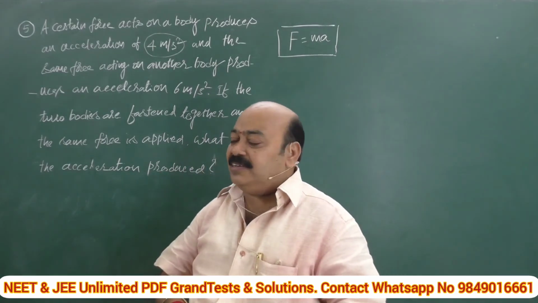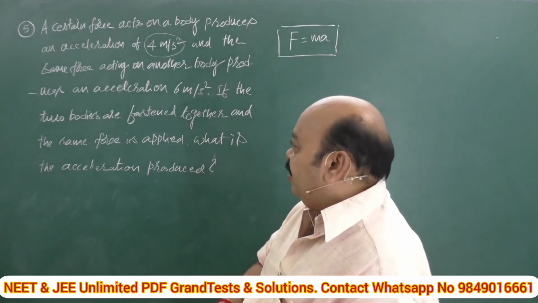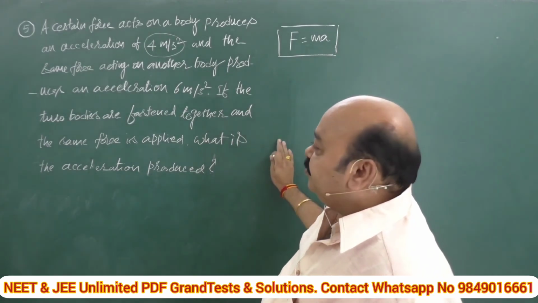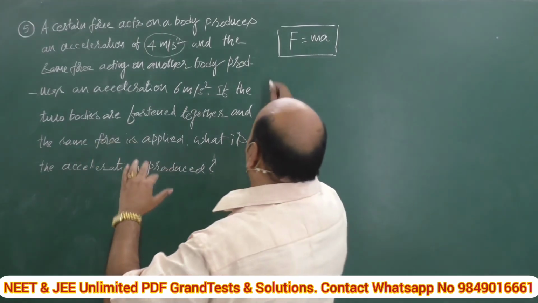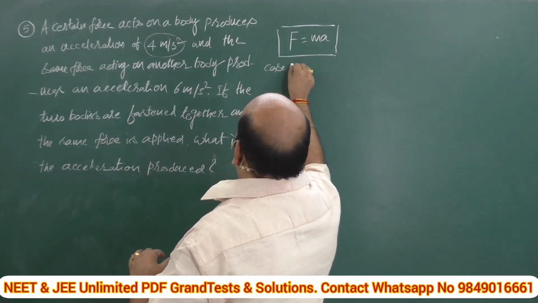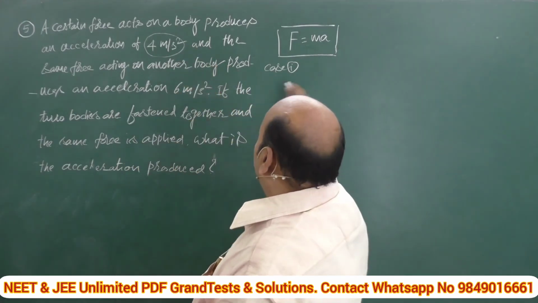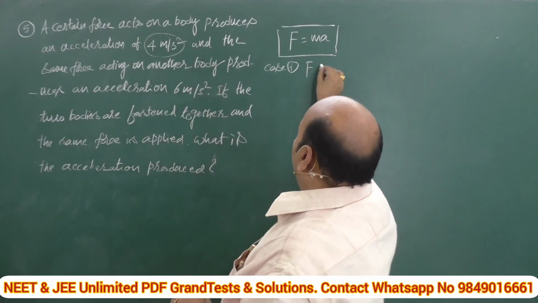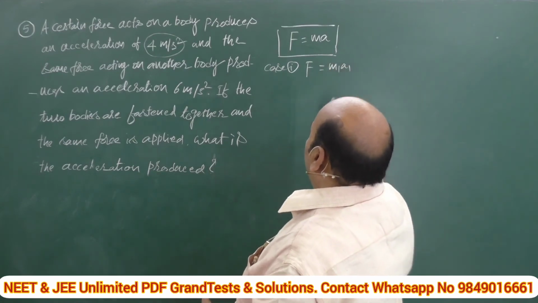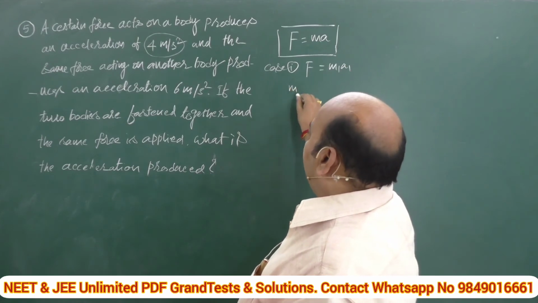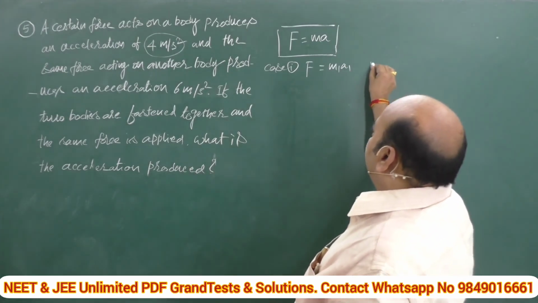Really, it is brain teasing and also a very simple thing. That's why I am using only one formula. Observe carefully. What is case 1? In case 1, when a force is acting, it produces an acceleration of 4 meter per second square. Simply I am writing F is equal to m1 a1. From this, what is the value of m1?